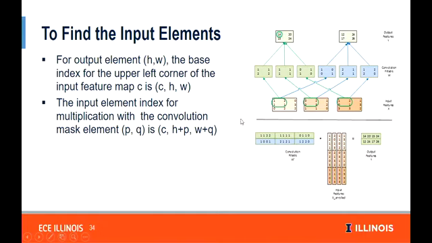Now, the input element index for multiplication with the convolution mask element PQ: remember, in each of these sections the elements are going to be this, this, this, this, and I can find these elements by going from the upper left corner and adding P to the horizontal index and Q as the offset for the vertical index, so I can find the elements for each of these linearized column elements.